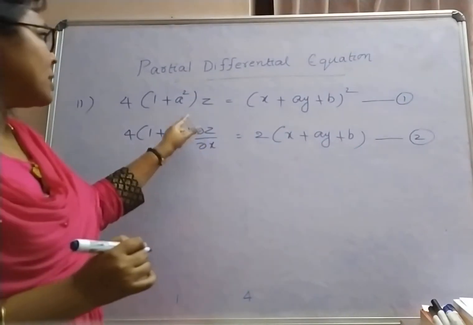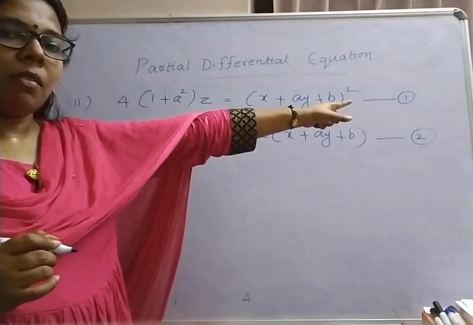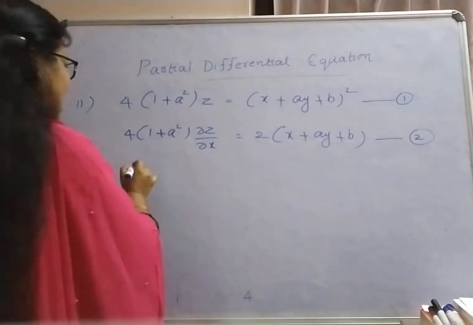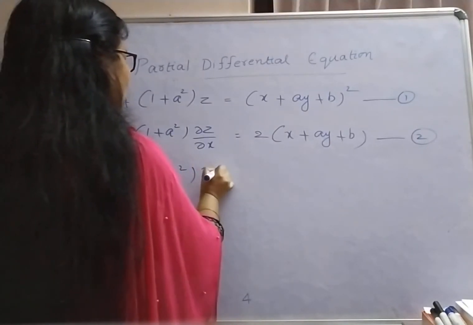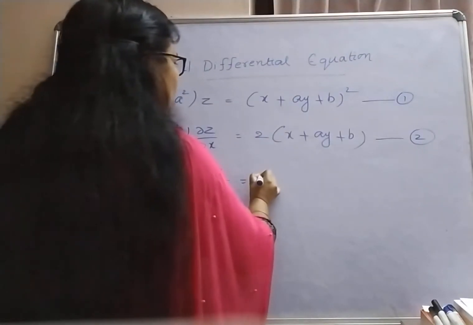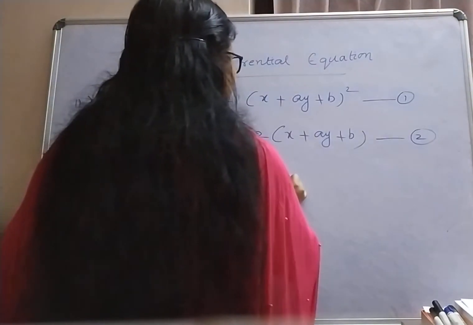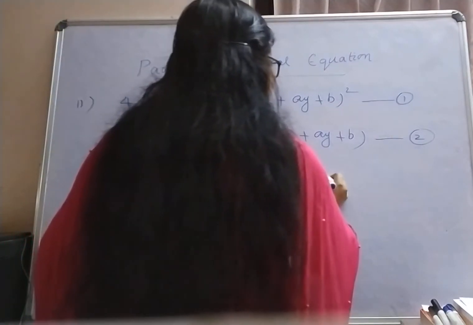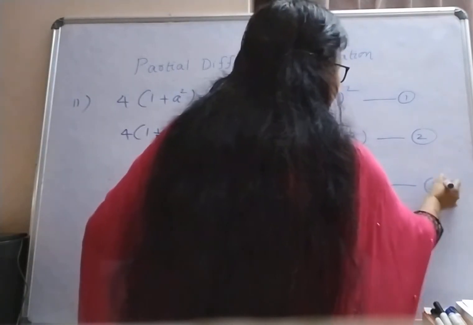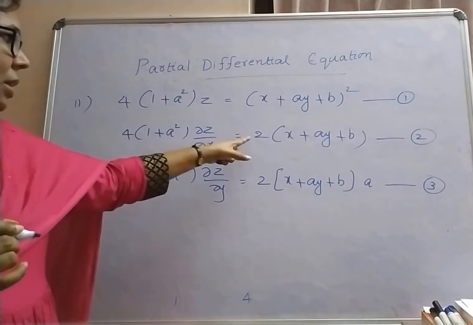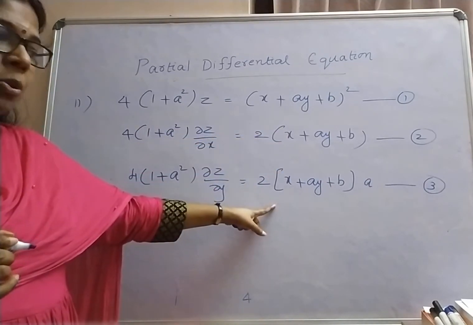Then partially differentiating equation number 1 with respect to y, we get 4 into (1 plus a square) dou z by dou y equal to 2 into (x plus ay plus b) into a. Put it as equation number 3. From these equation number 2 and 3, we have to obtain the PDE.